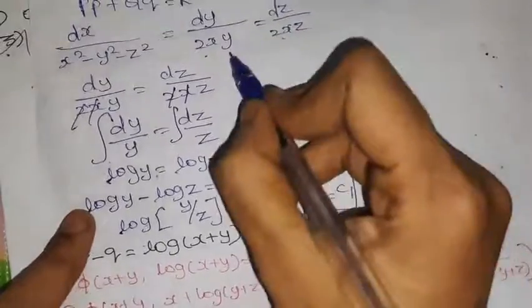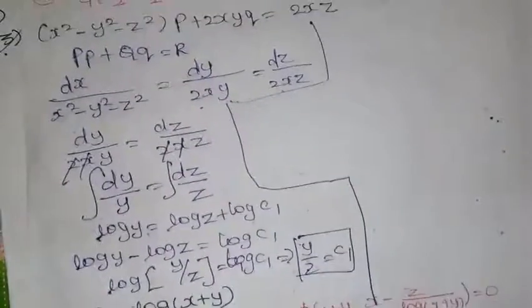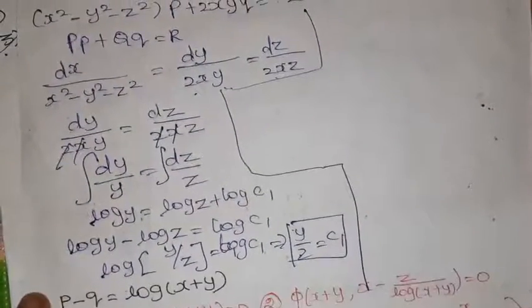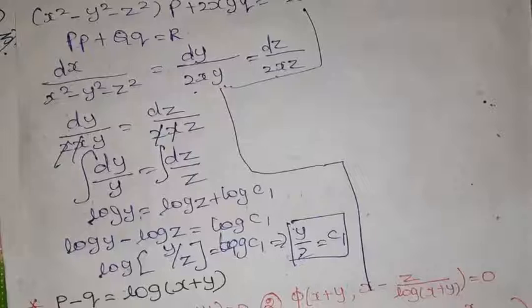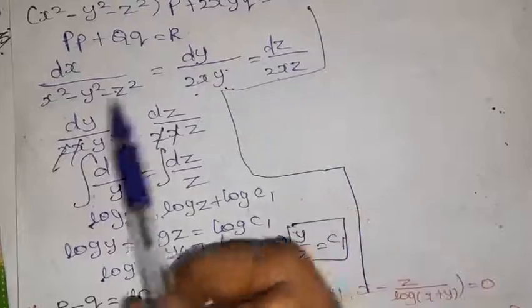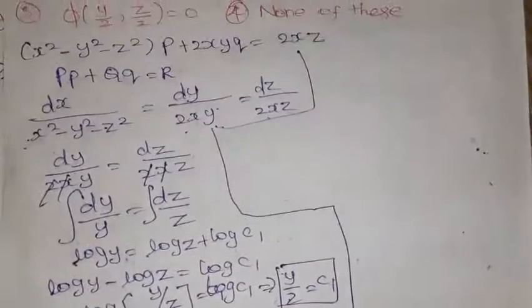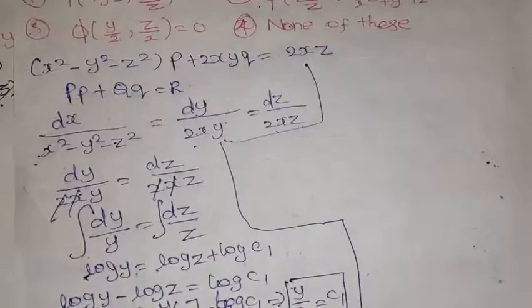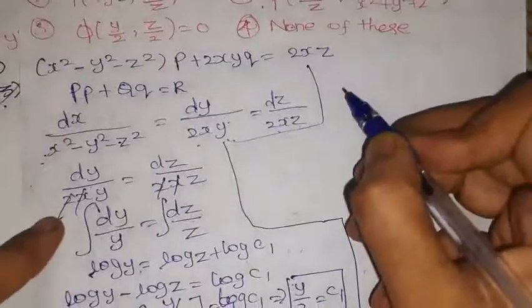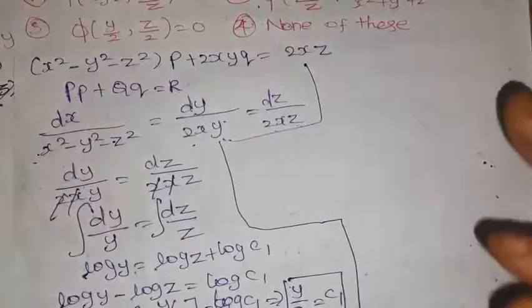Then we need to find the solution with the constant c2. So how can we simplify further? We'll see, x dx plus y dy plus z dz, multiplying by x, y, z and adding, what will we get? It will get cancelled. We need to think logically, guys, how to eliminate this.